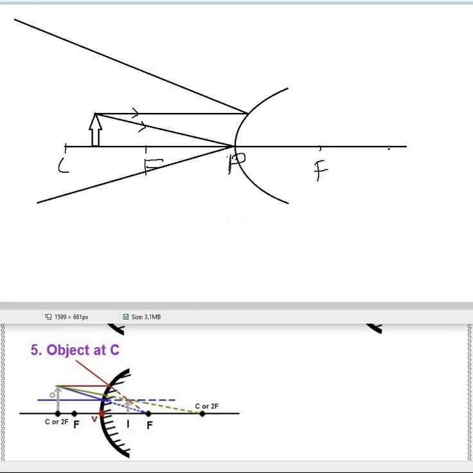Okay, so it's done. Now I will draw the virtual lines as always. Done. Now the image will be here.